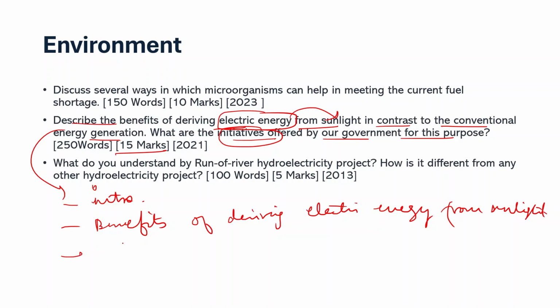Then you can write about government initiatives, and then if you want, you can write about concerns that are related, or then you can simply conclude. Okay, so the structure in this question was also already given to you, right?